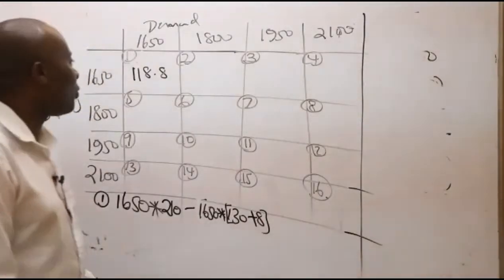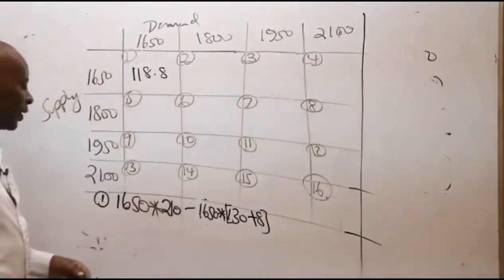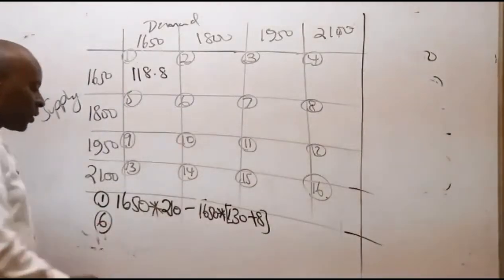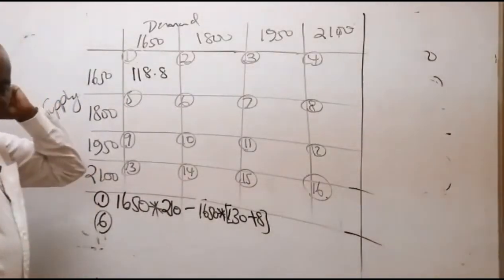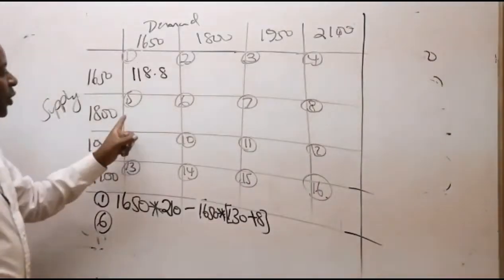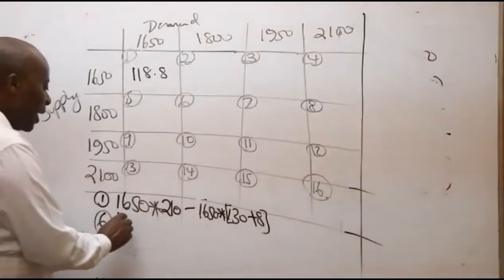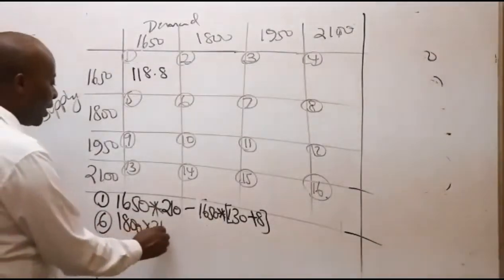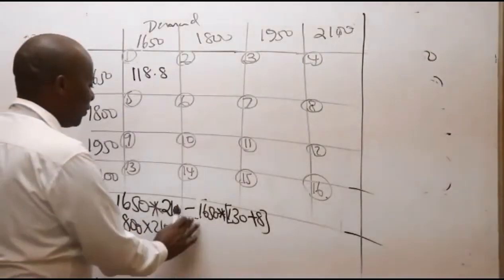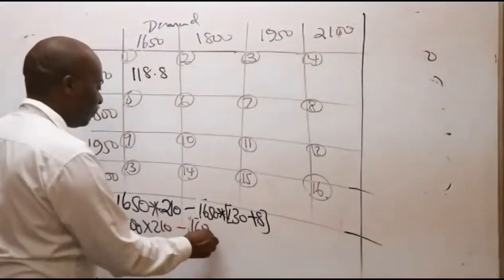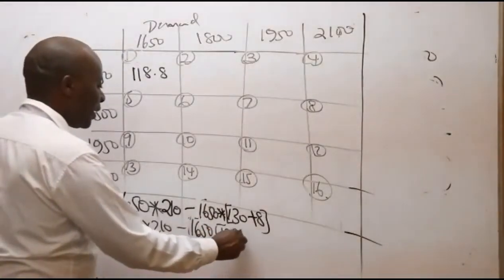Let us go first of all for the perfect matches. Perfect matches, let's go to number 6. I can see it's 1800 vis-a-vis 1800. So here I have 1800 times 210 minus 1650 into 138.